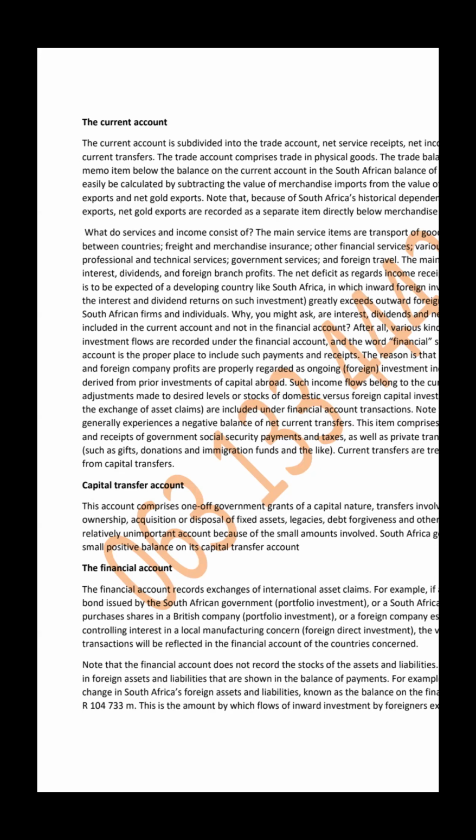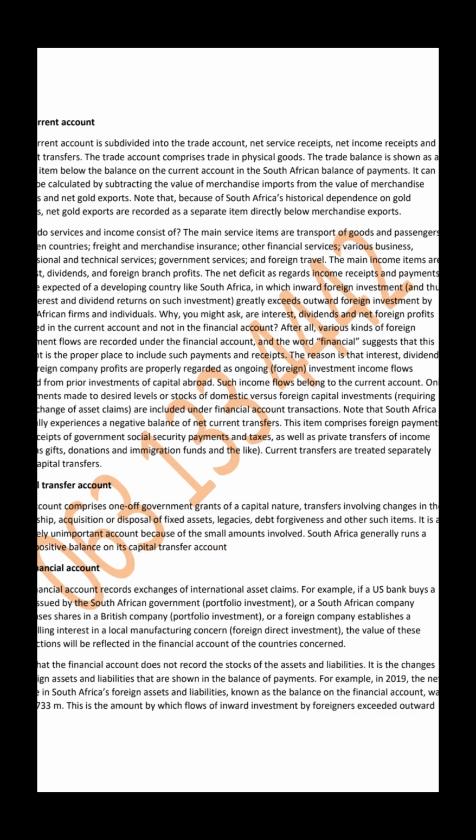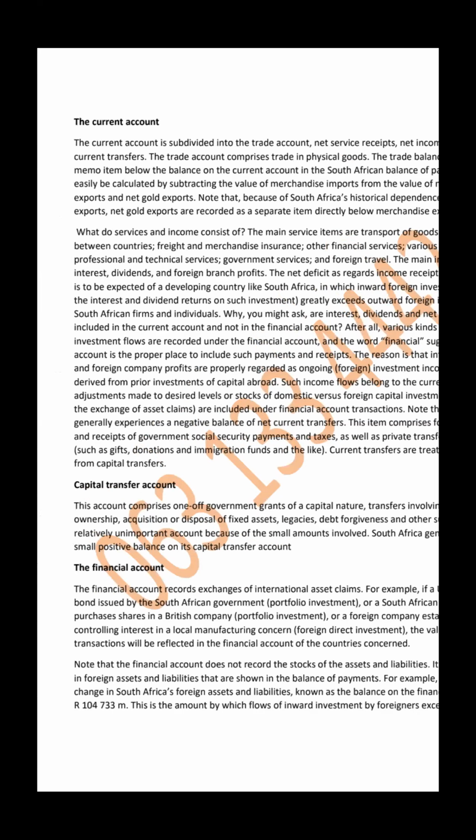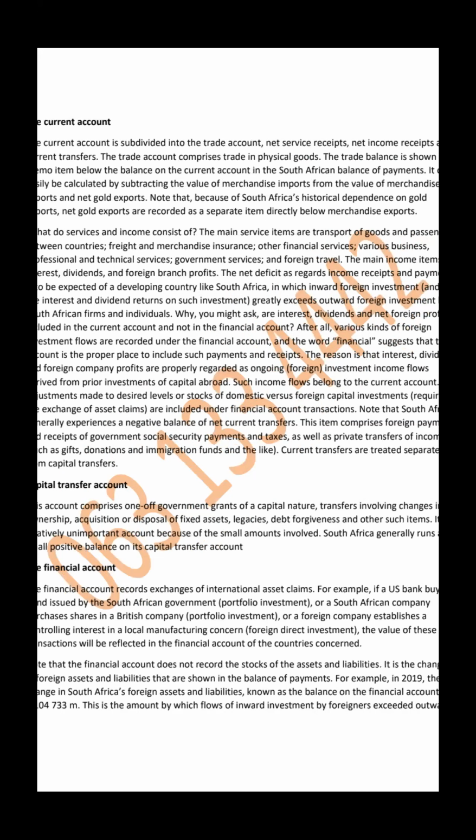So the current account is subdivided into the trade account, the net service receipts, net income receipts, and the current transfers. Once you've identified that it can be subdivided into those elements, you simply need to describe them. What does each and every one of those subdivisions record?